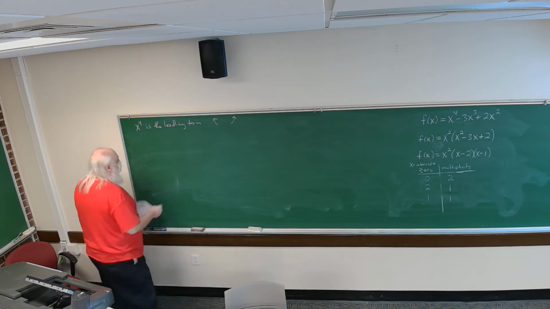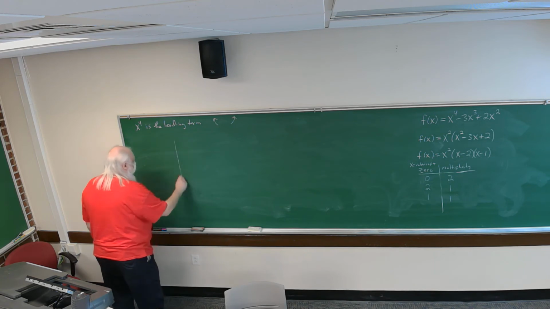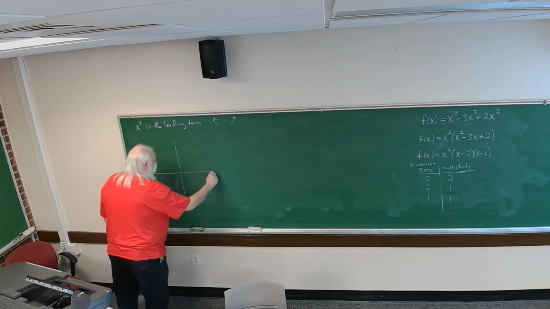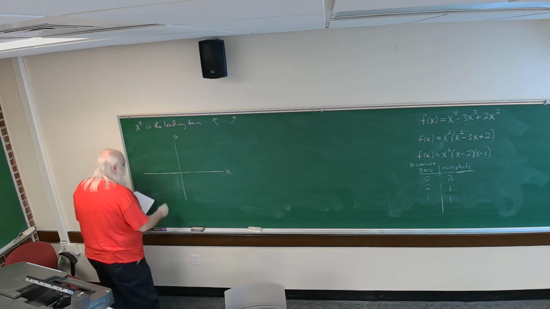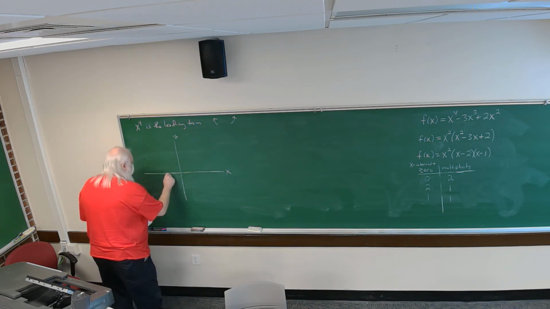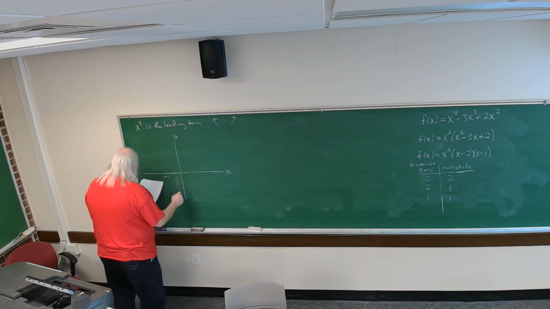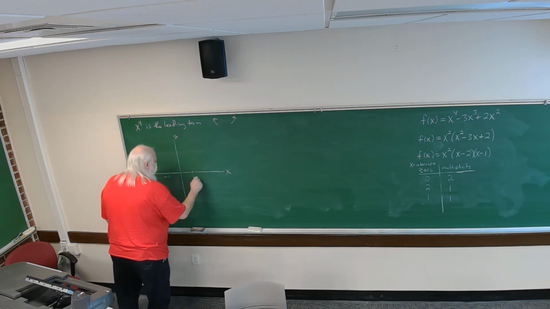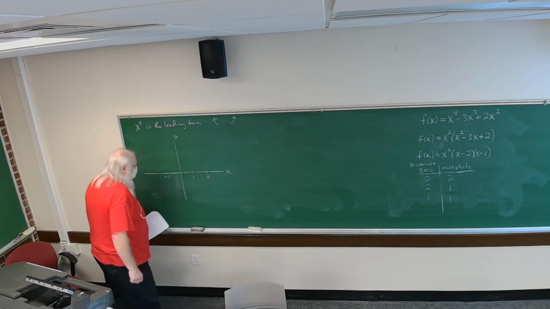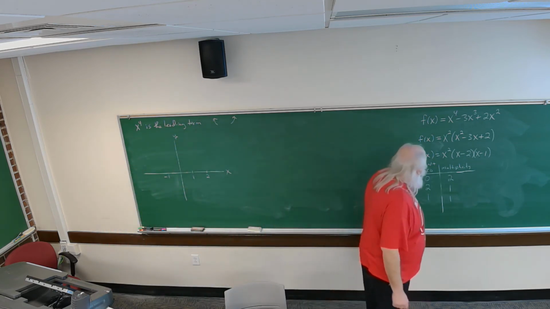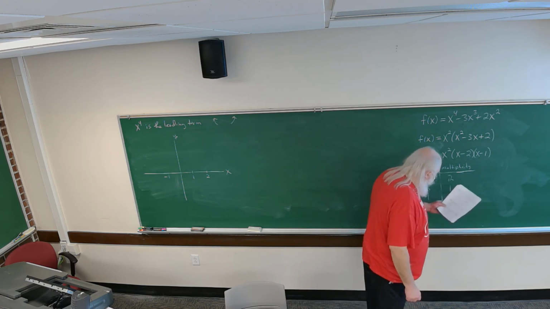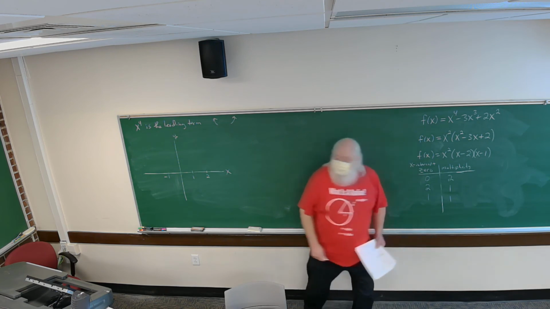Okay, so let's see if we can get a crude graph. X-axis, y-axis. And so minus 1, plus 1, plus 2. And just for kicks and giggles, let's throw in the, we already have the y-intercept, right?